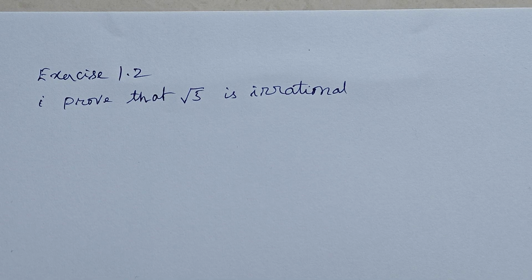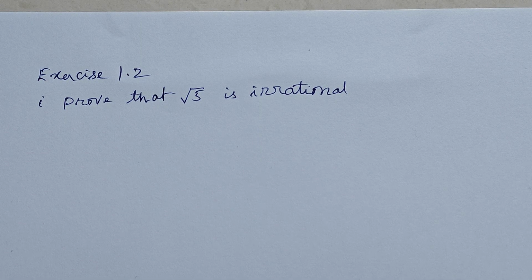Generally, if you look at this first question, prove that square root of 5 is irrational, the number is a single irrational number. So in this case, you had better always use the contradiction method.